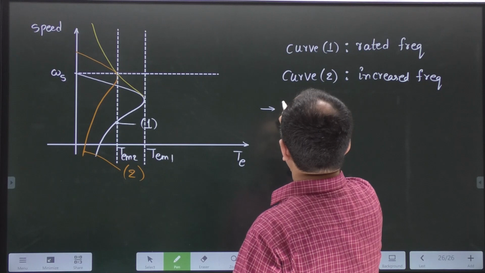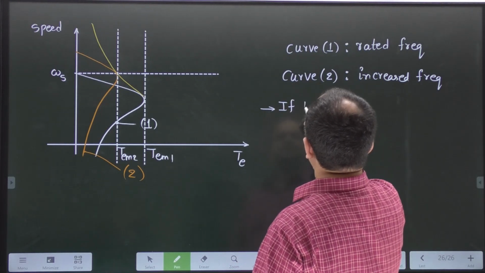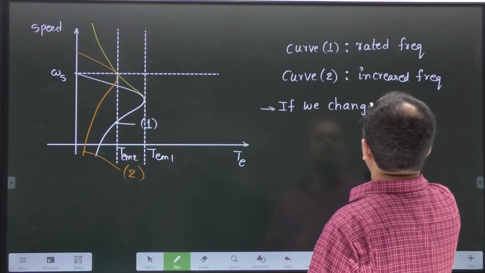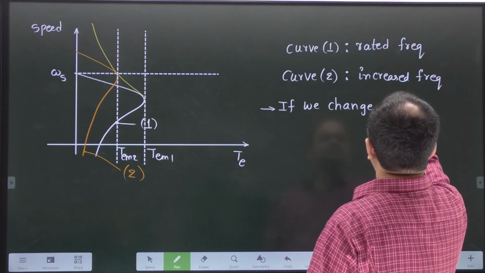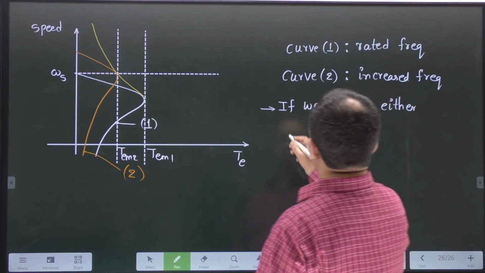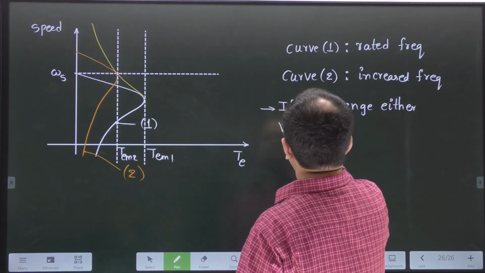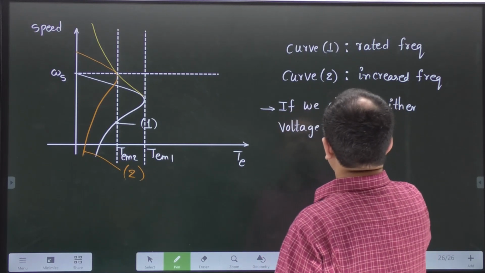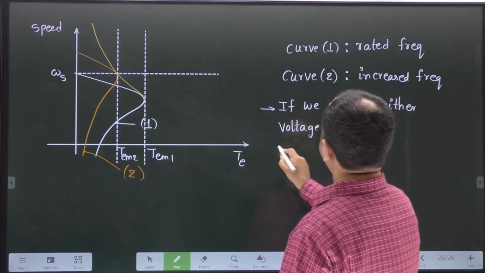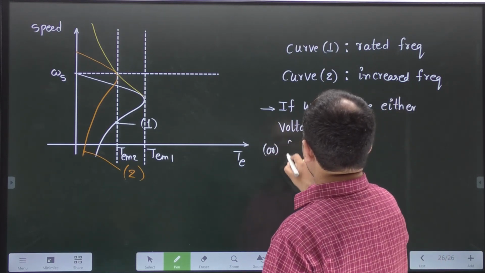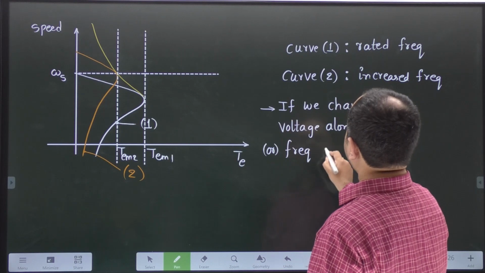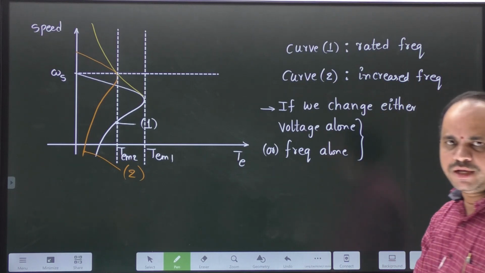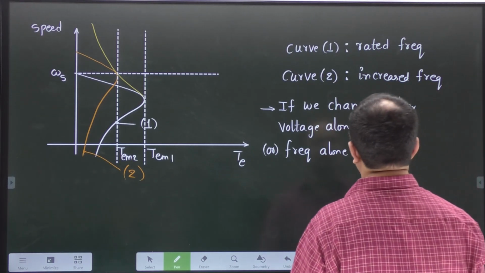if we control either voltage alone or frequency alone, then what happens?